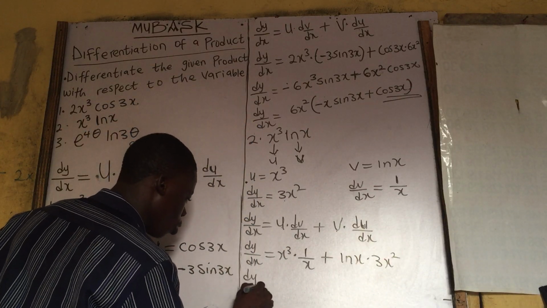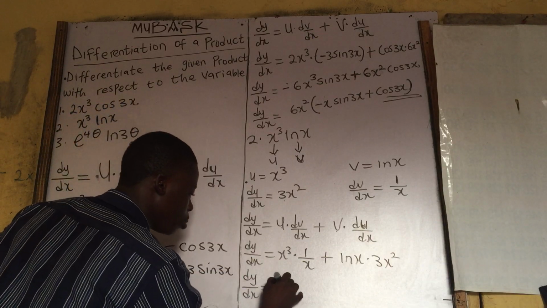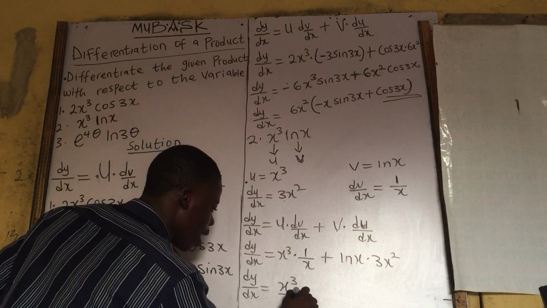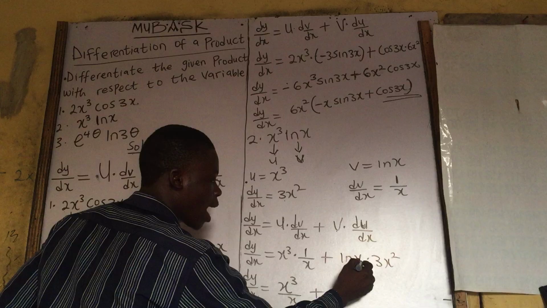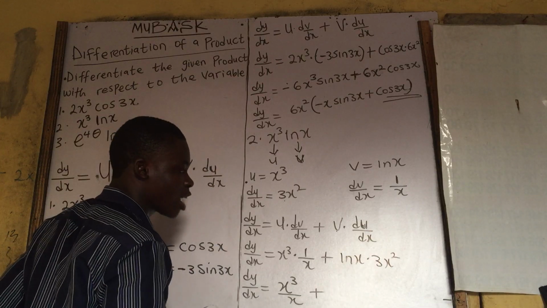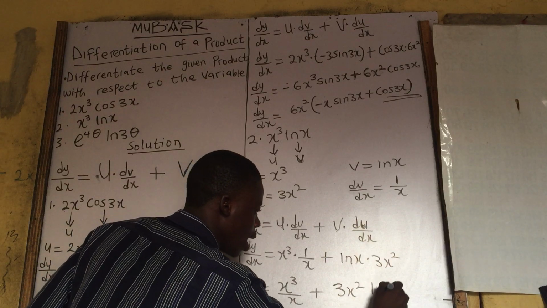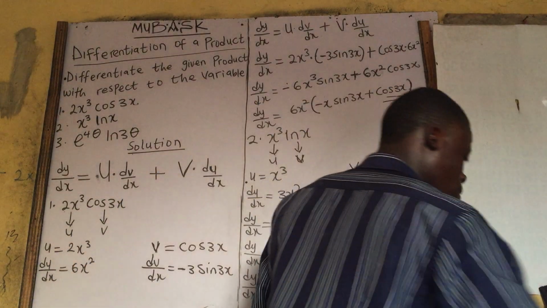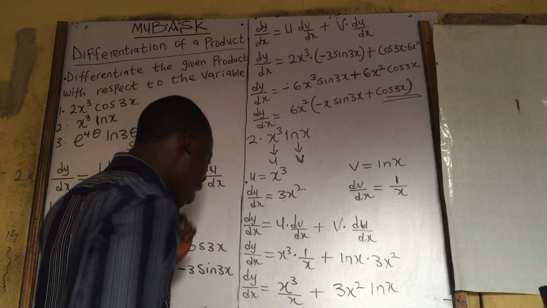So x cubed multiplied by 1 gives x cubed divided by x, plus ln x multiplied by 3x squared gives 3x squared ln x. Now x cubed divided by x gives us x squared.